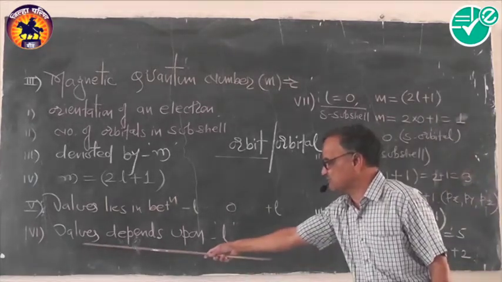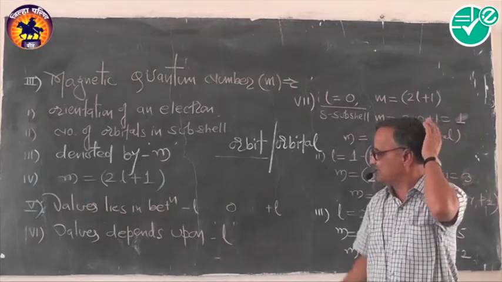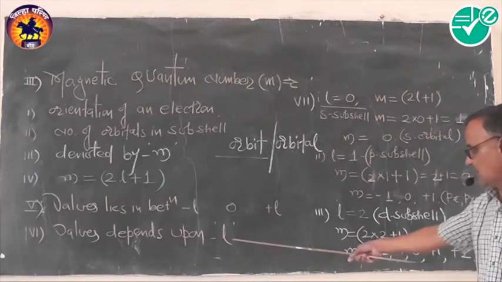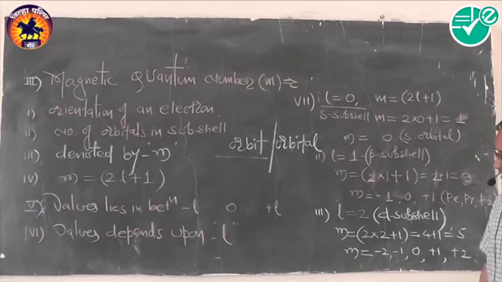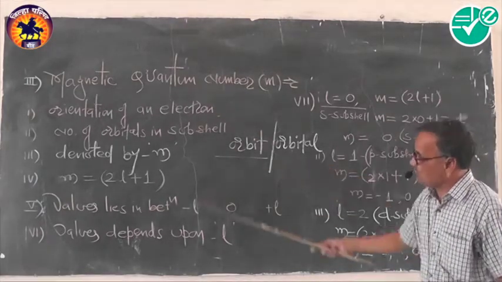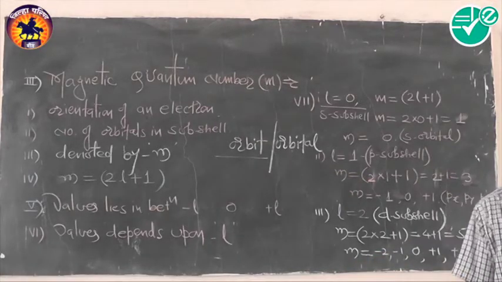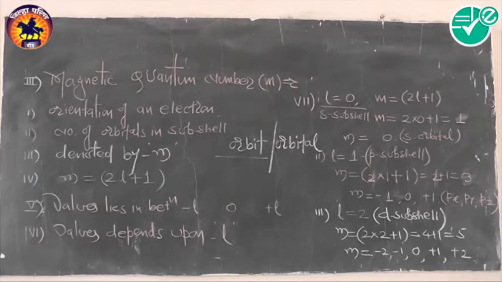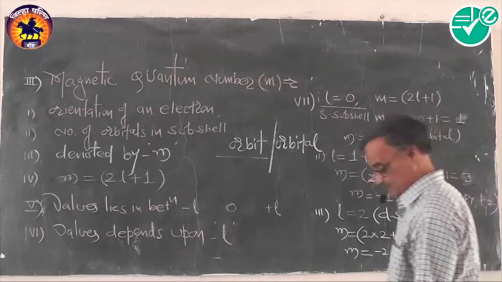As we mentioned before, the values of magnetic quantum number depend upon values of azimuthal quantum number l. So by considering all these points, it is very easy to calculate the number of orbitals present in the sub-energy levels one by one.